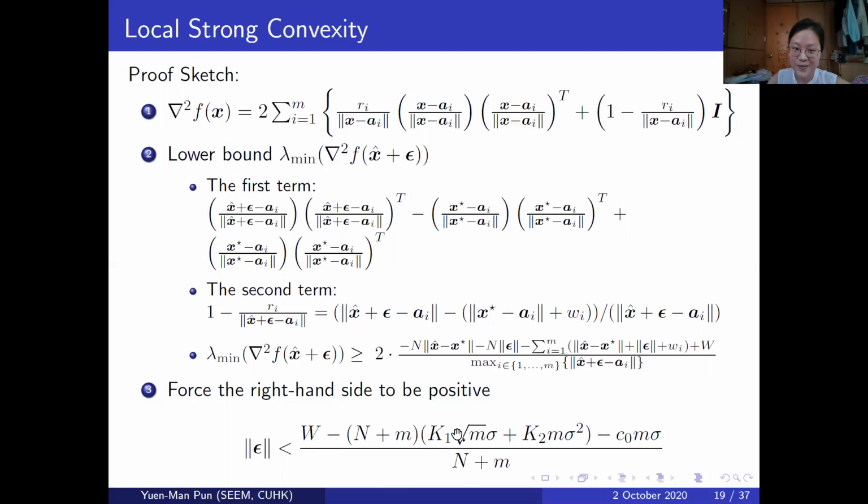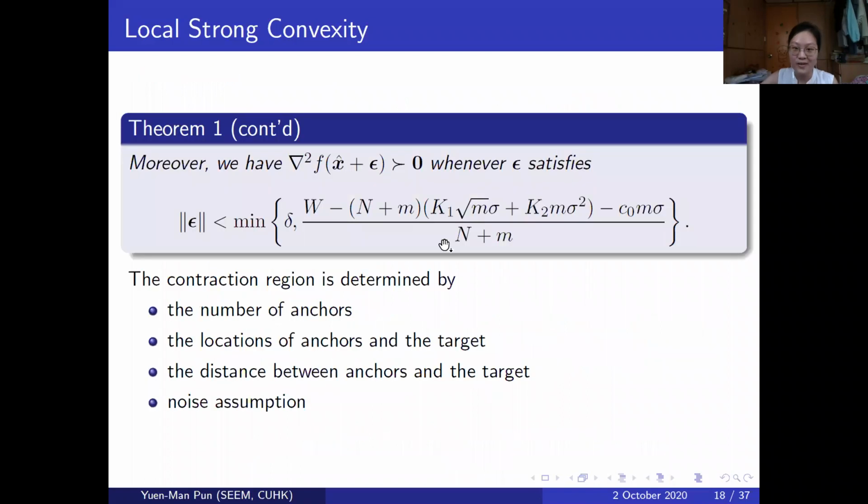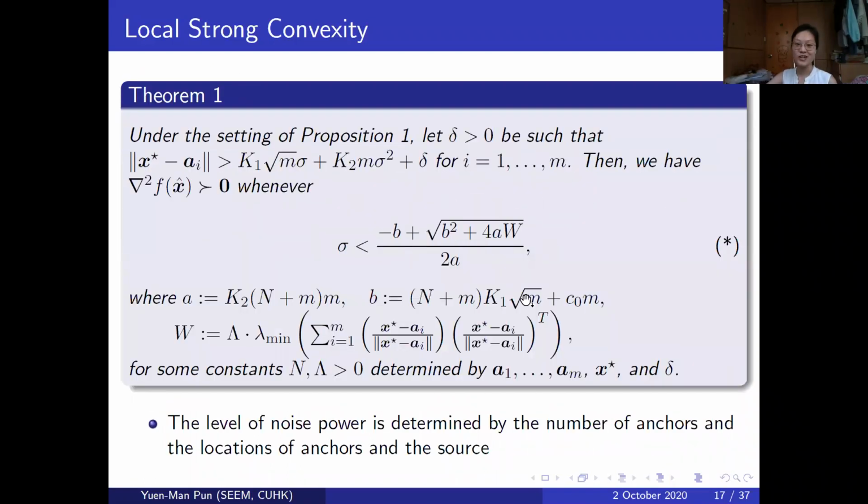So to prove the local strong convexity, we have to ensure that this quantity is positive. Putting this as positive, as you can see, there's a squared term here, and that's why we have this quadratic form here.